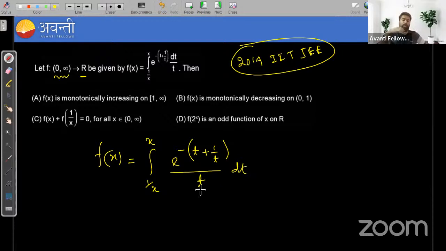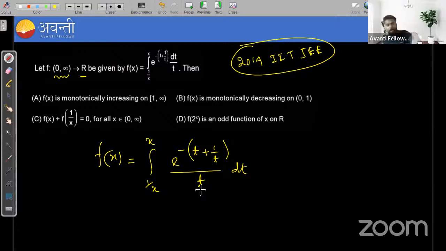So the function is given. Then we'll check all the options one by one. Let's check the first option: f of x is a monotonically increasing function in the interval 1 to infinity.